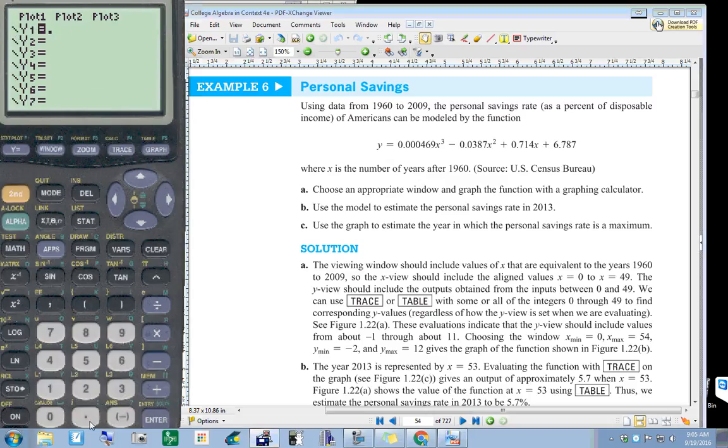So point, we get 1, 2, 3, 4, 9, 6 x to the third power minus 0.0387 x squared plus 0.714x plus 6.787. Window.